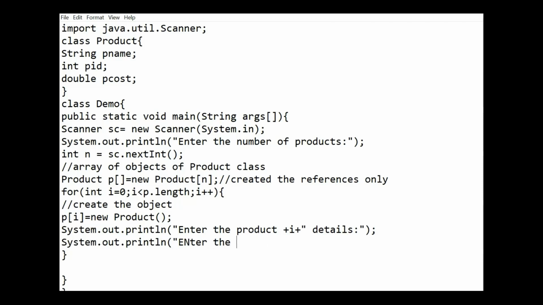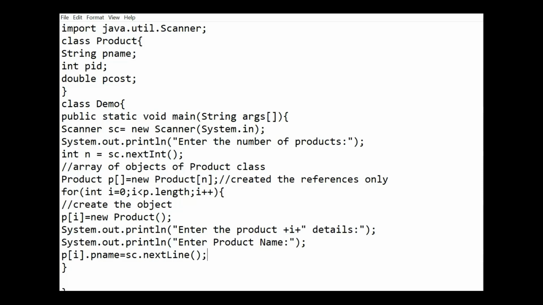Enter product name, right? And then we will read the product name. So how to read the product name? It is P of i dot, what's the name of the variable? It is pname is equal to sc.nextLine.